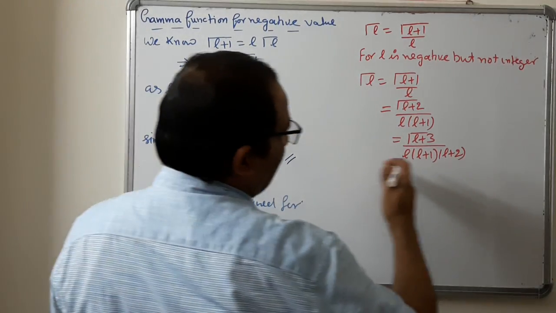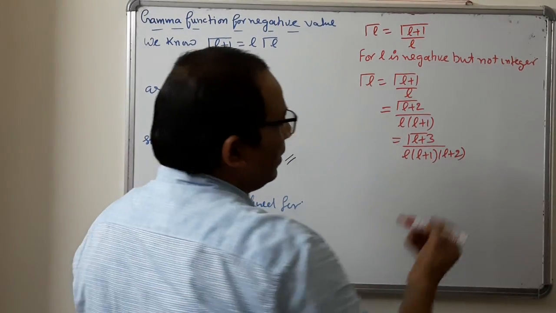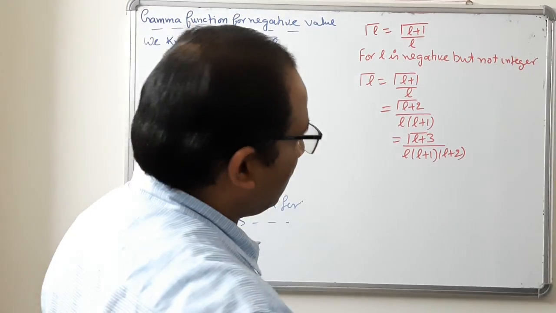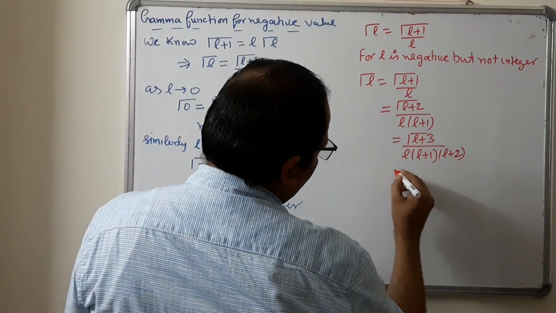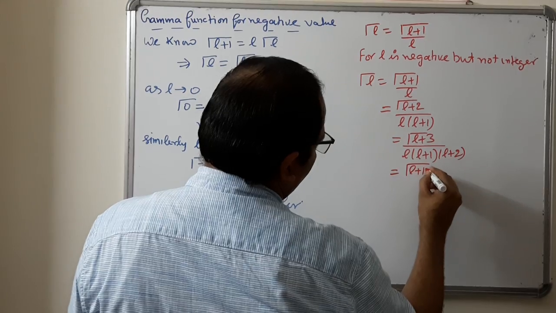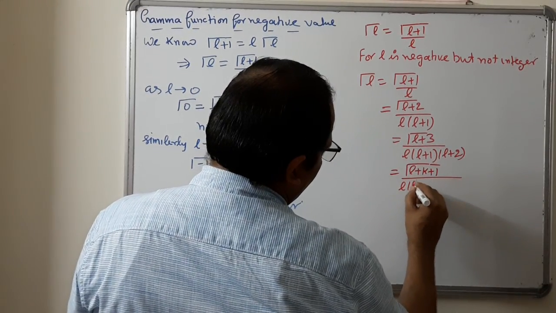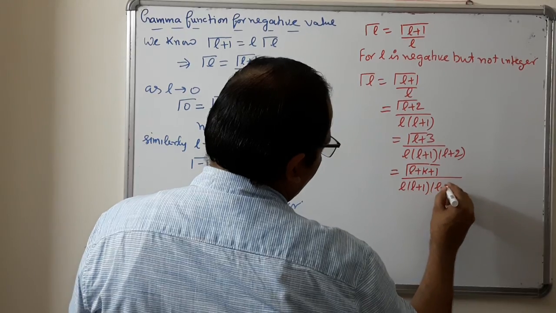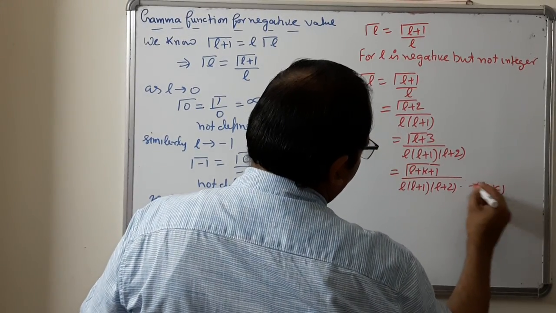We will expand this such that the numerator should be a positive number, and we should know the value of that. So we can write the generalized form as gamma(L+k+1) in the numerator, and in the denominator L(L+1)(L+2)...(L+k).